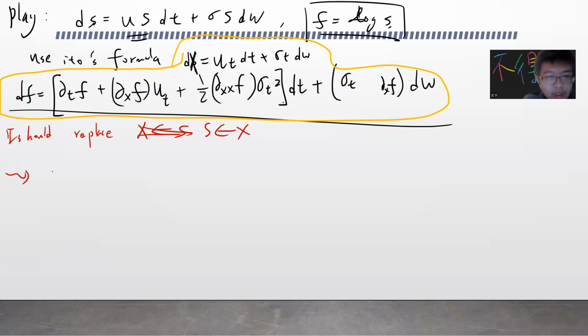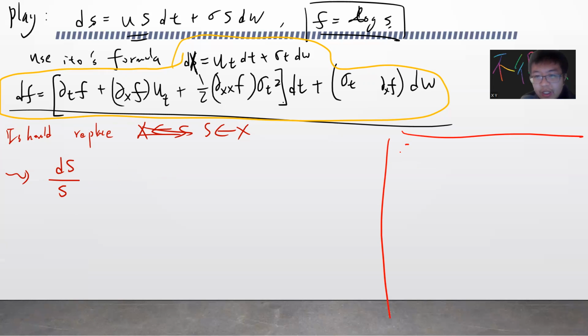Let's do this: f is log s. Now partial t f is 0.